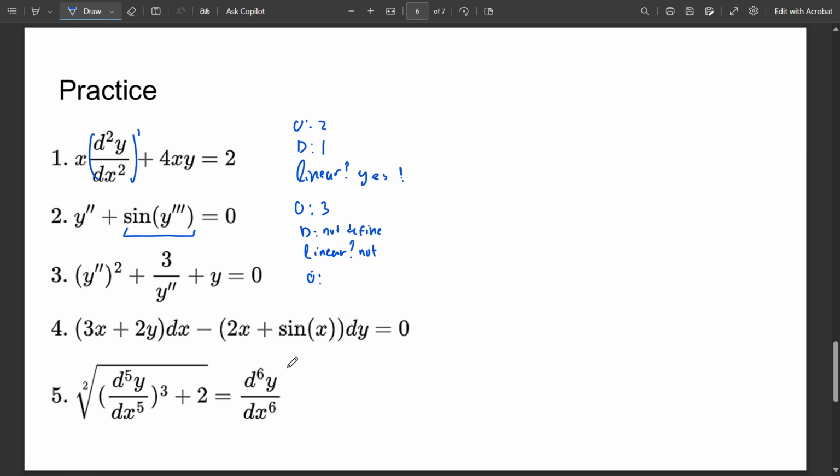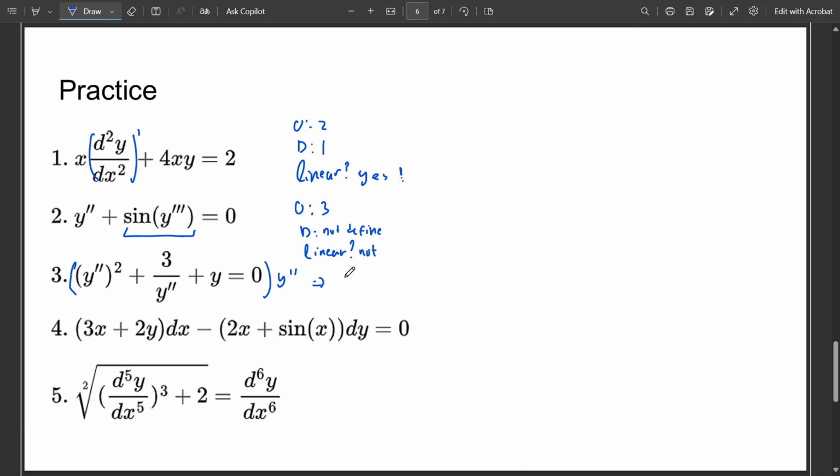In this case, we can multiply by y double prime to simplify it and remove the radical.